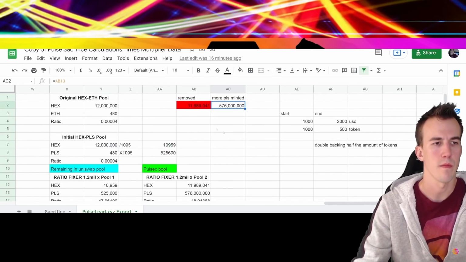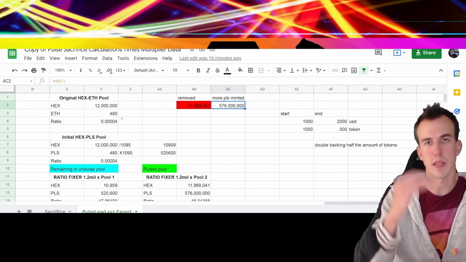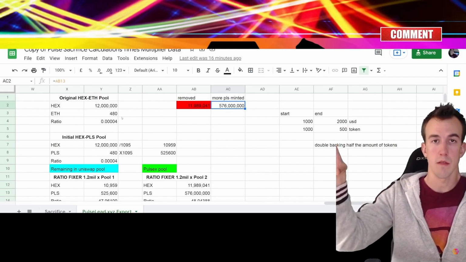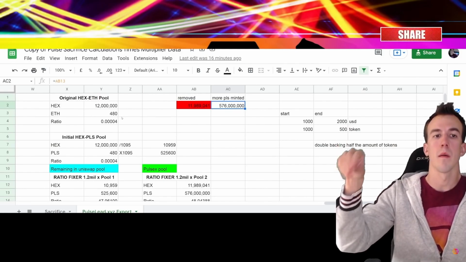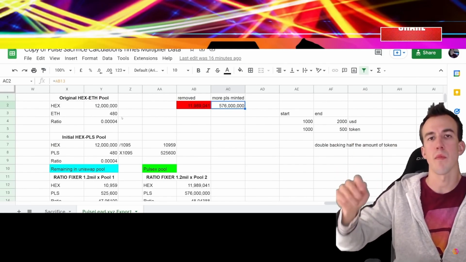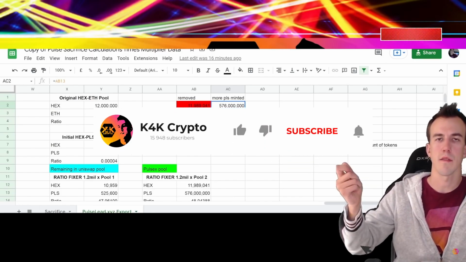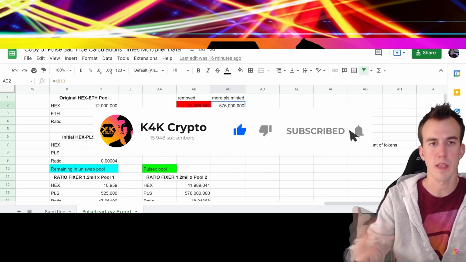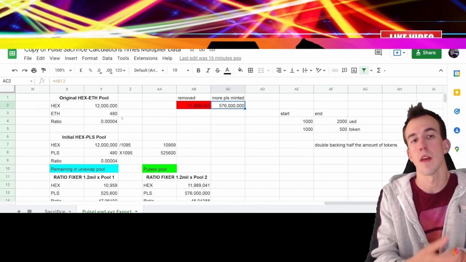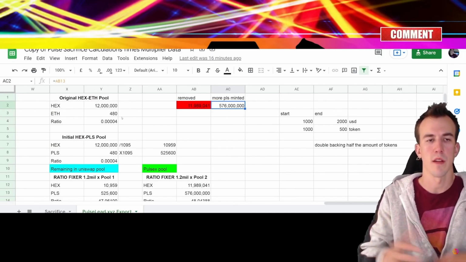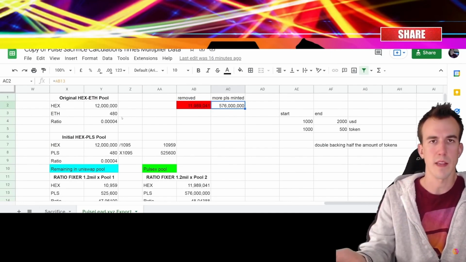Because this virtually moves the prices up as if Pulse was ETH in the system, but also accounting for the 1.2 million X increased supply, that's why we have to increase it, so that the amount of Pulse in the pool is fair in valuation. So it basically acts as the ETH.